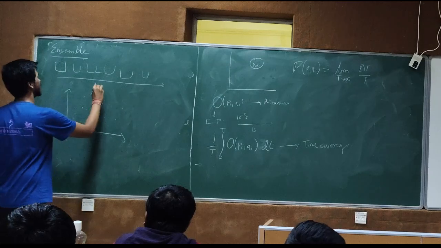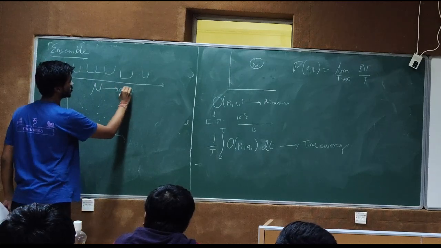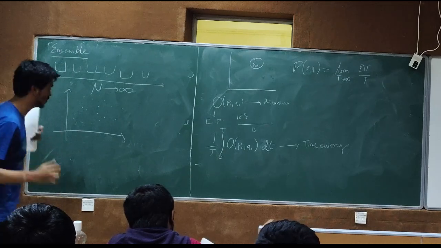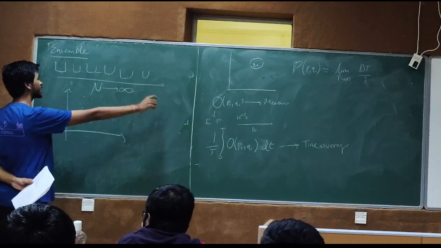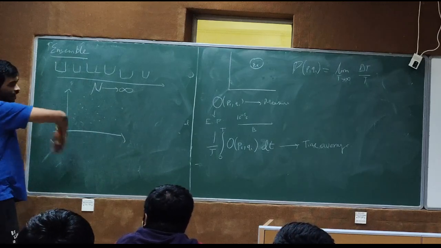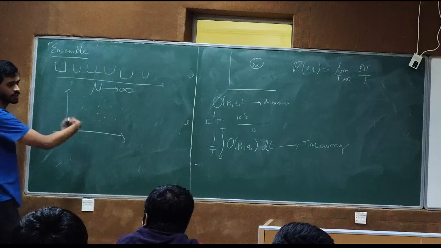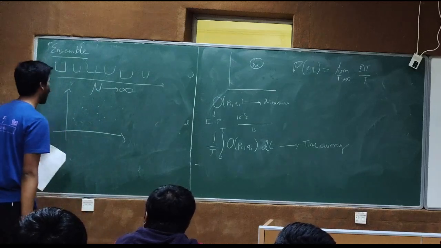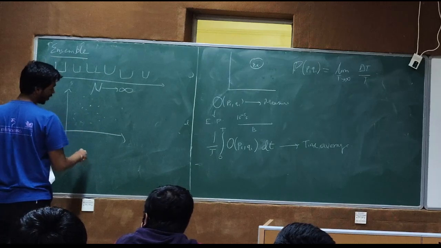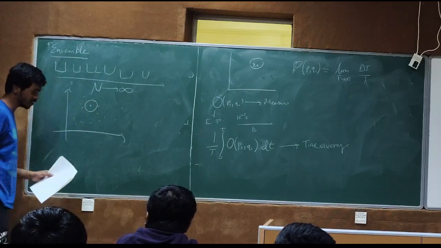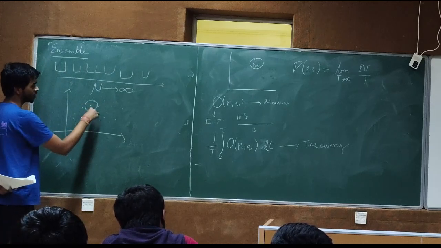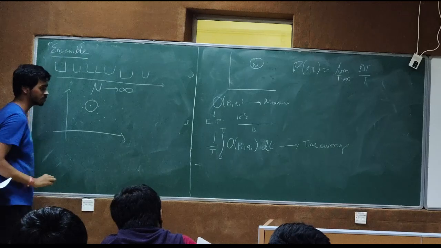This is an idealized construction, constructed in the mind. You can take N to infinity, and then you will have a large number of points moving around in the phase space. Then you can concentrate on one particular point, take a volume around it, and find the density of the number of points in this.